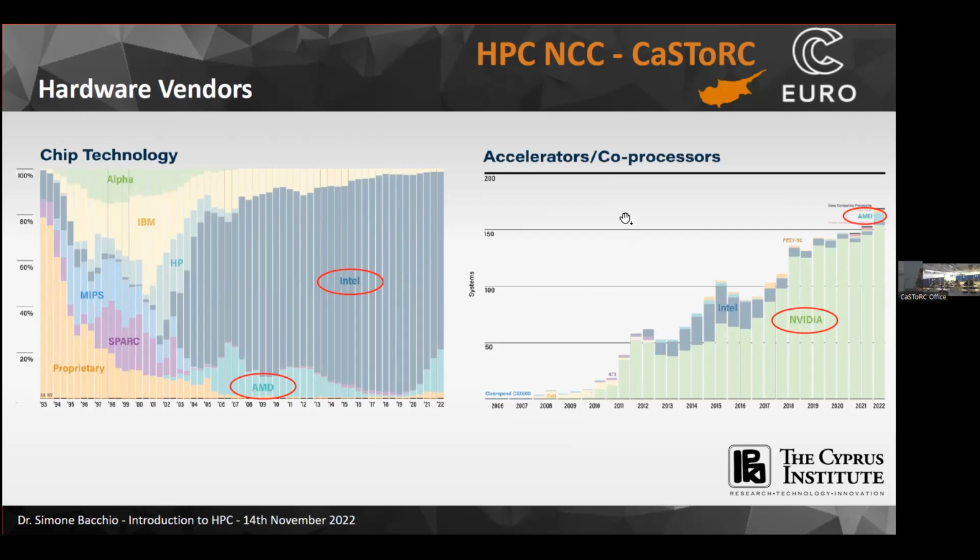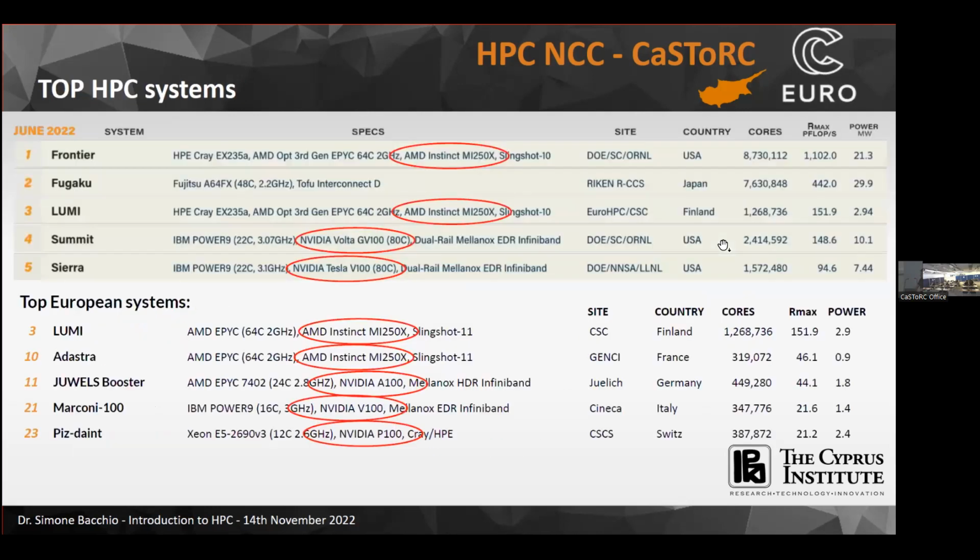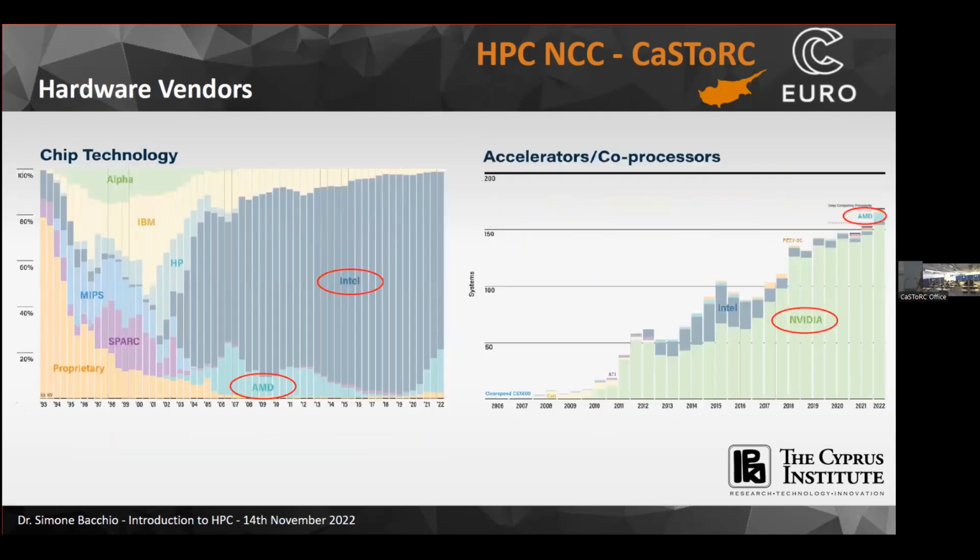And the same is true for GPUs, where you can see that the market has been dominated by NVIDIA for almost a decade now. We mentioned that many new systems are actually on AMD GPUs, but this is true only since the latest generation, where there are some AMD GPUs.